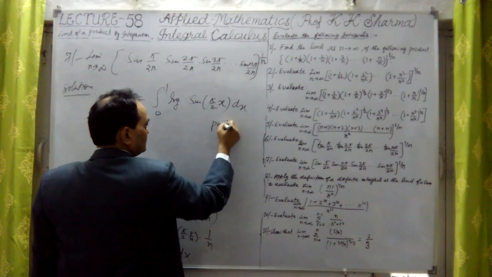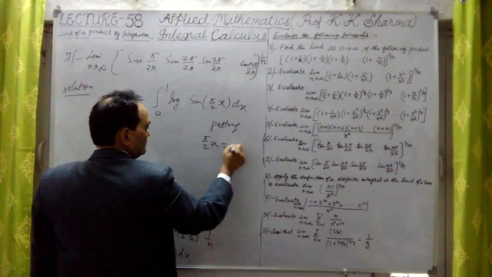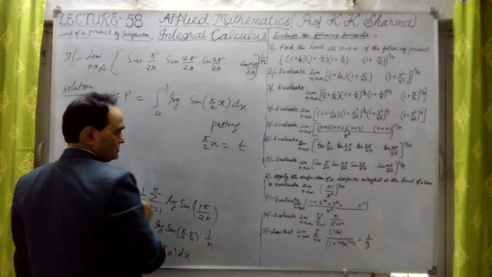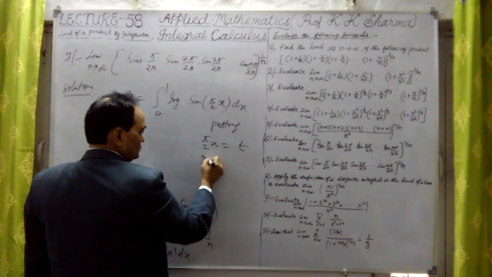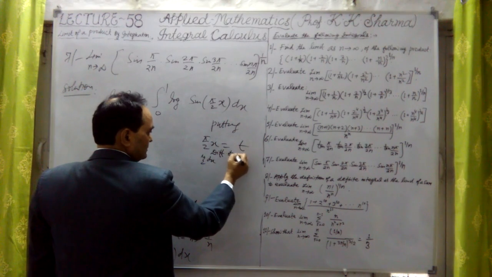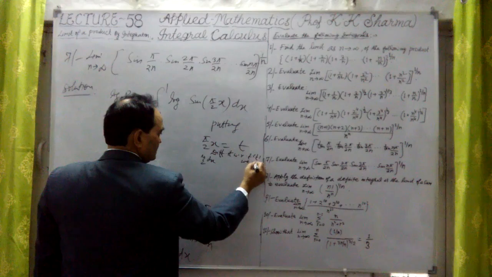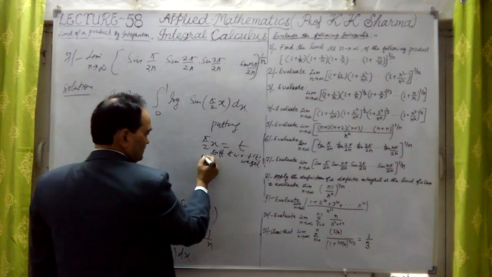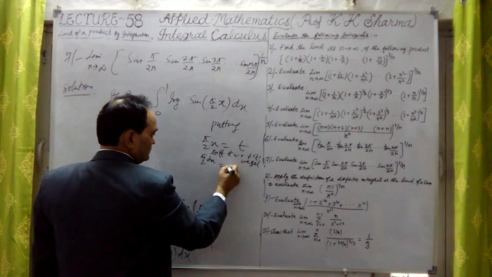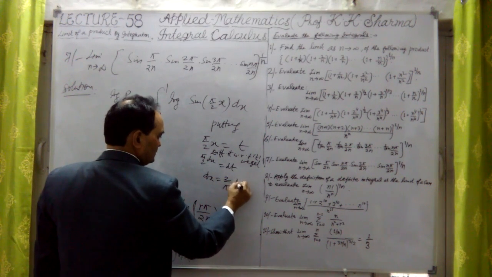Putting pi by 2 x equal to t, differentiating with respect to t, we get pi by 2 into dx equal to dt, or dx equal to 2 upon pi into dt.